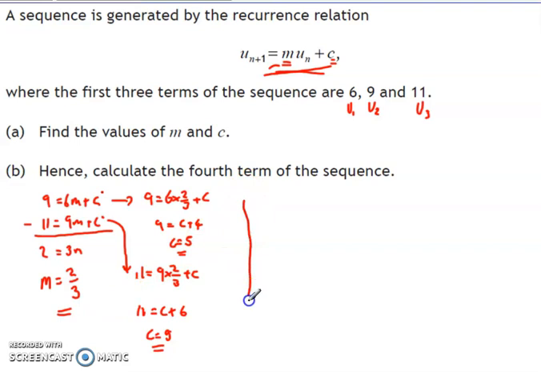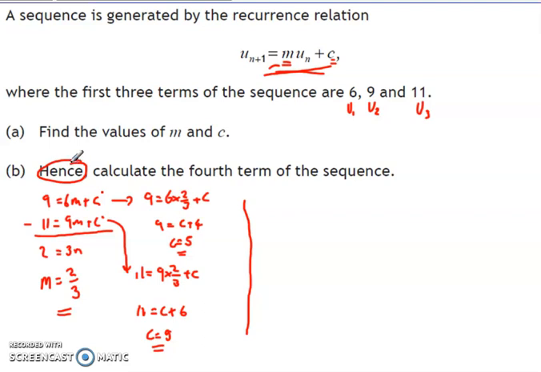Now the next part, B, says hence calculate the fourth term of the sequence. There's a vital word in this question, which is this word here: hence. Hence means use what you have just calculated previously. If I calculated m and c and it was wrong, I would still have to use the m and c that I had calculated in order to be able to get the marks available for this next part.